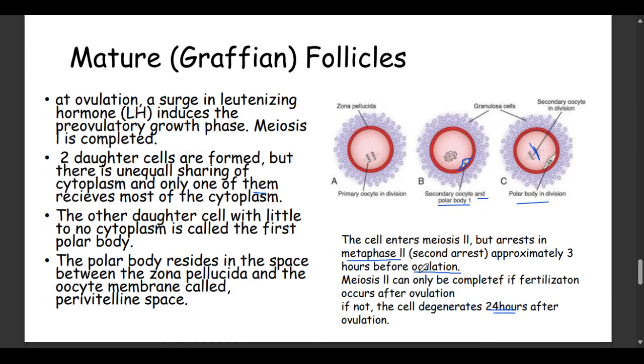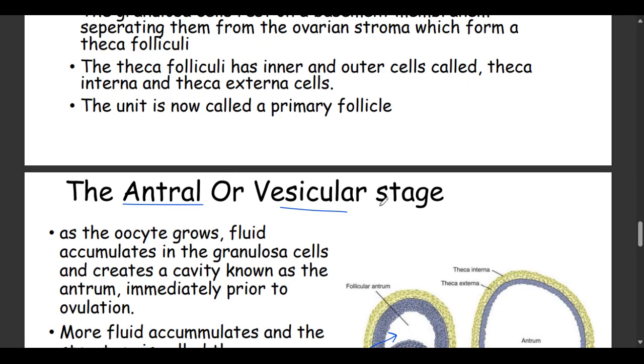And there, at metaphase 2, that is now what is called the mature Graafian follicle. So at this point, we have talked about the primordial follicles found just before birth. Then at puberty, they start to grow into a primary follicle, which will develop into a secondary follicle, which has the antrovesicular stage.